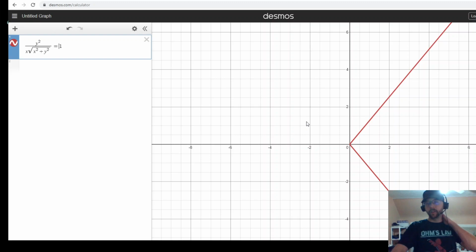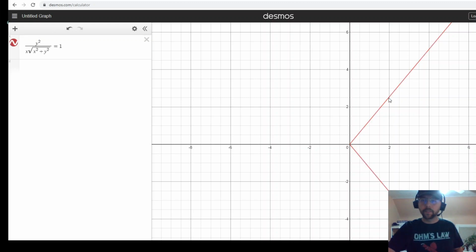Anyway, so we see that if the distance that the bar is from the charge in the center is 2, say 2 meters, then the distance that the circle needs to be away from the bar in order for the forces to be balanced is whatever that is.